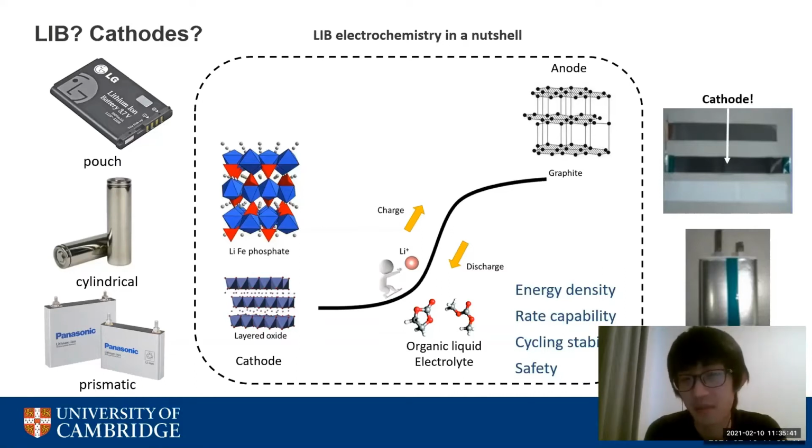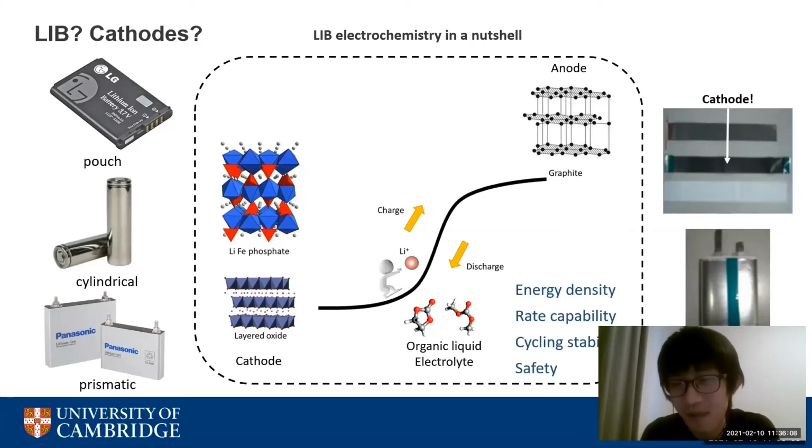This value can be calculated by multiplying the voltage and capacity. The voltage essentially is just the energy difference between the anode and the cathode. So you can see that the cathode is quite important, because the energy density of a battery actually solely depends on the material of the cathode and anode. We need to work on that.